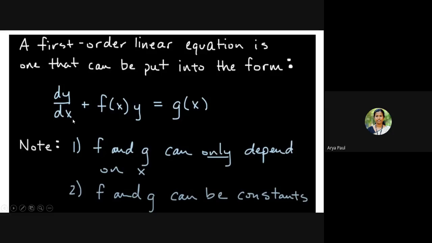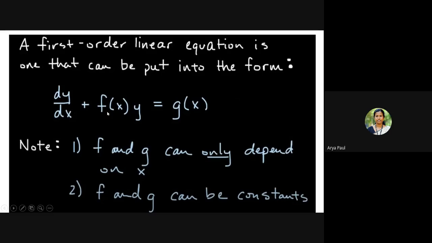And there is one more condition: f and g can also be constants. It depends only on x, or it can be a constant, like 3, 2, 1, etc. So this is the general format of a first order differential equation.